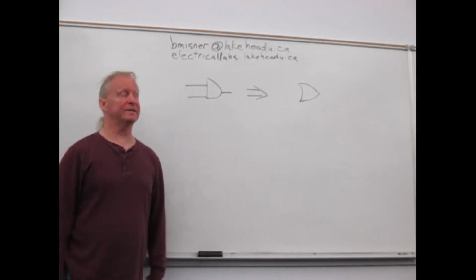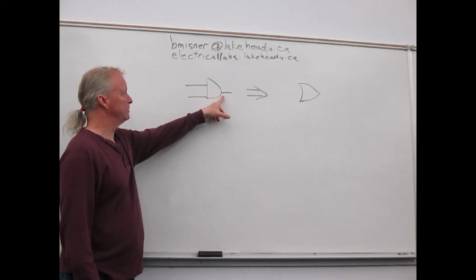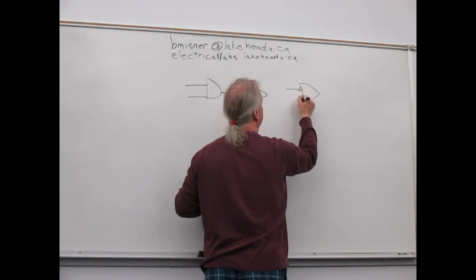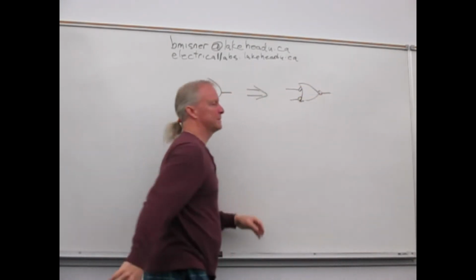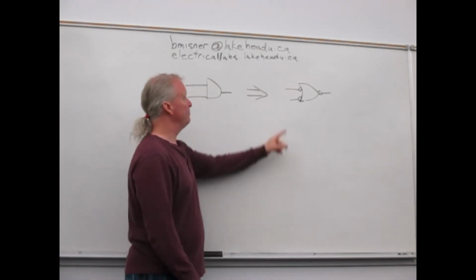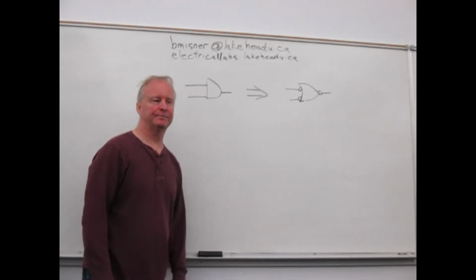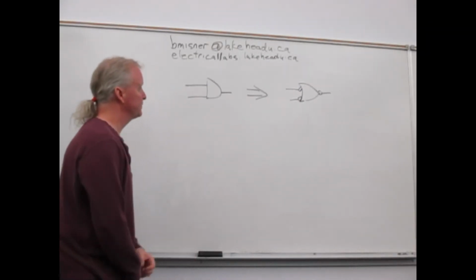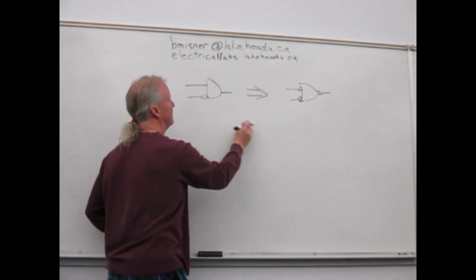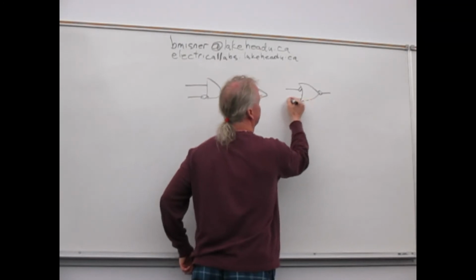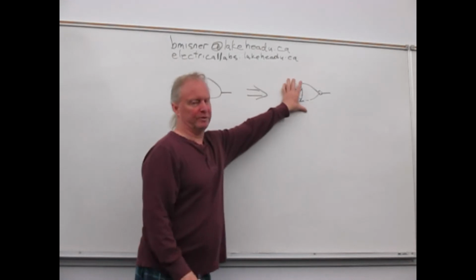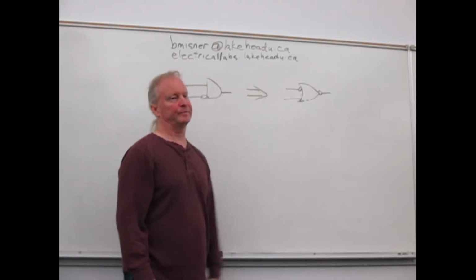What De Morgan says is, wherever there's no bubbles, you put bubbles. So we would call this a negated input NOR gate, but this is equivalent to an AND gate. And wherever there's bubbles, you don't put bubbles, and vice versa.